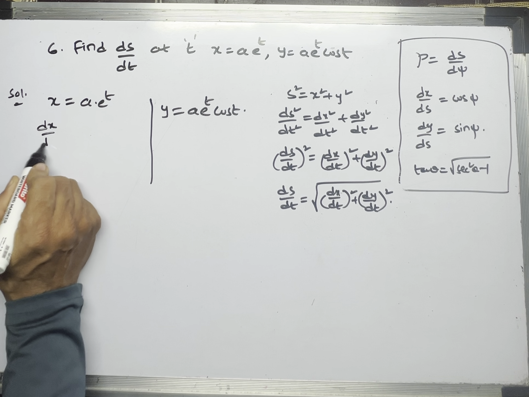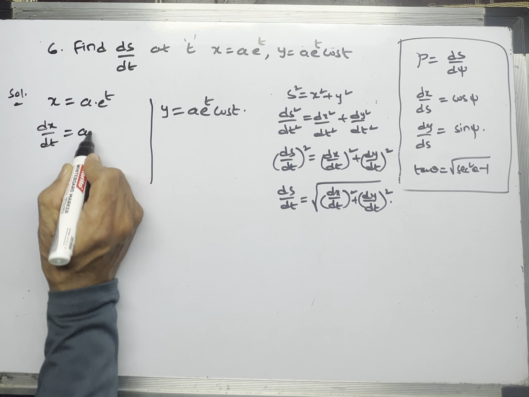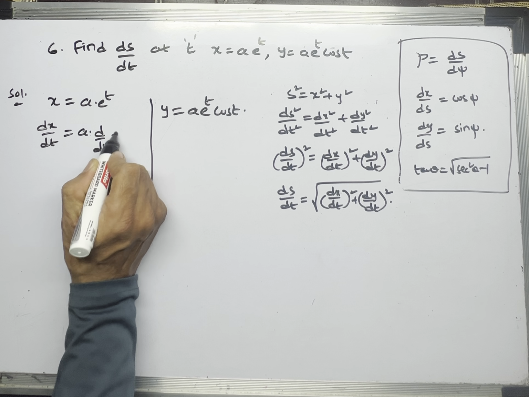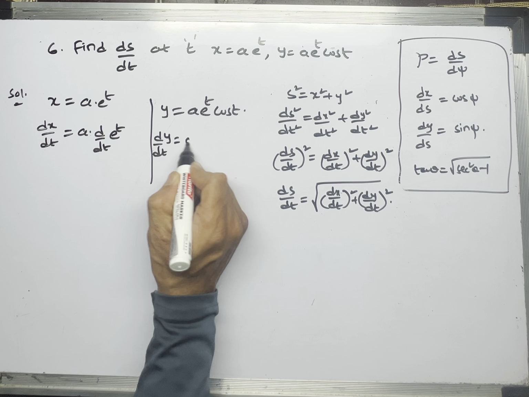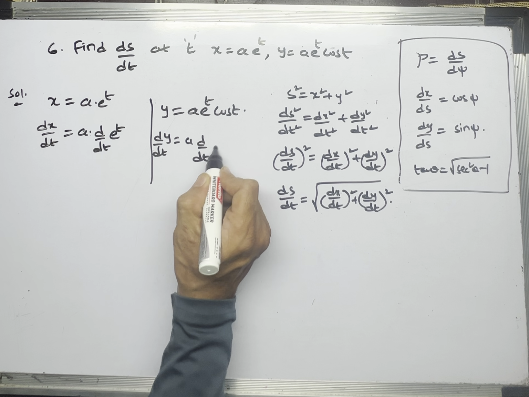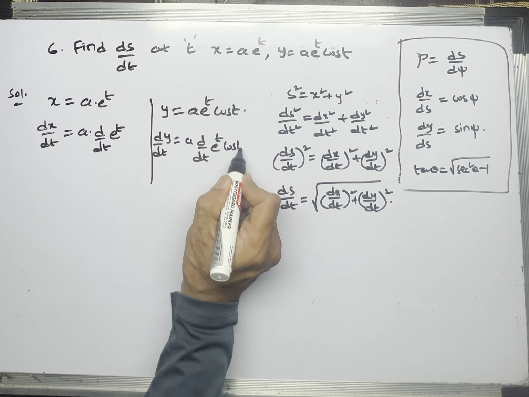Differentiating with respect to t, a into d by dt of e power t, d by dt of y equals a into d by dt of e power t cos t.